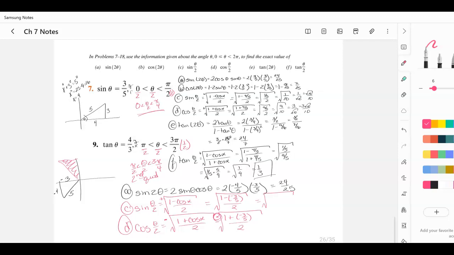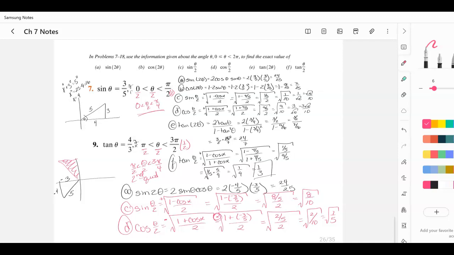I'm going to end up with 5 plus 3, which is 8/5 over 2, which is the square root of 8/10. This one down here, I'm going to end up with 5 minus 3, which is 2/5 over 2, which is 2/10, or 1/5. And then we could simplify and rationalize each one of those.